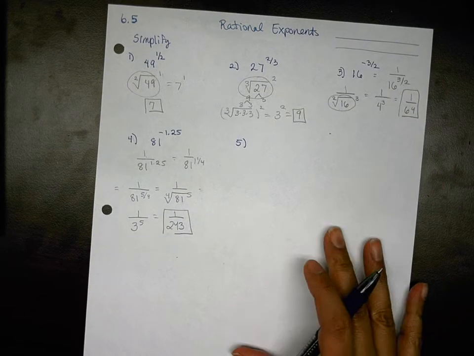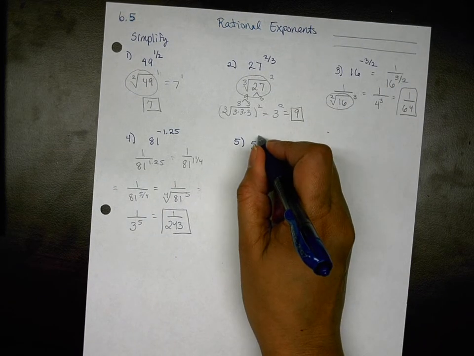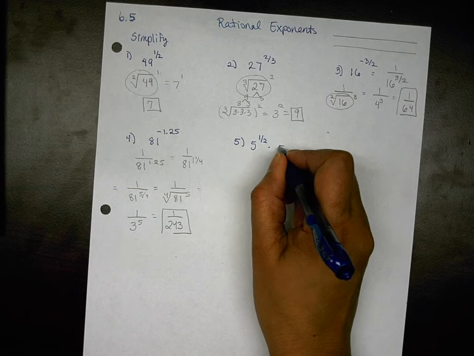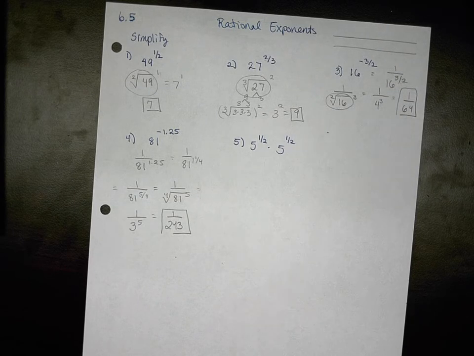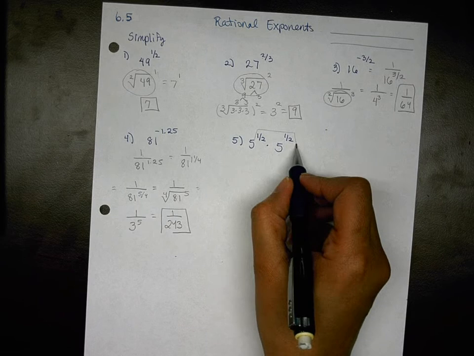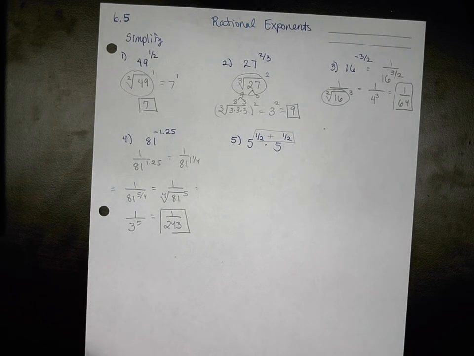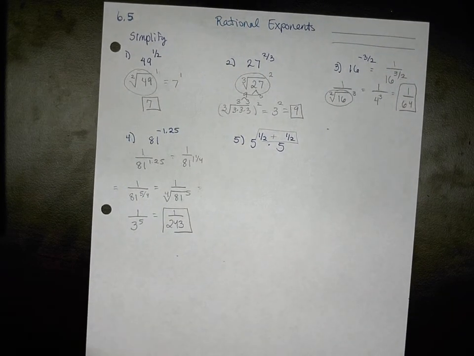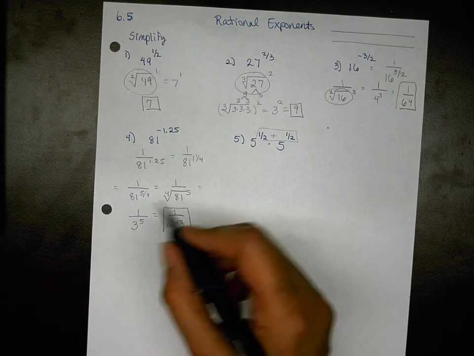Okay, number 5. 5 raised to the 1/2 times 5 raised to the 1/2. These you did last year as well. Remember, when you're multiplying, you add the exponents. The base is going to stay 5. You're not going to multiply the 5 times 5 to get 25. The base will stay 5.